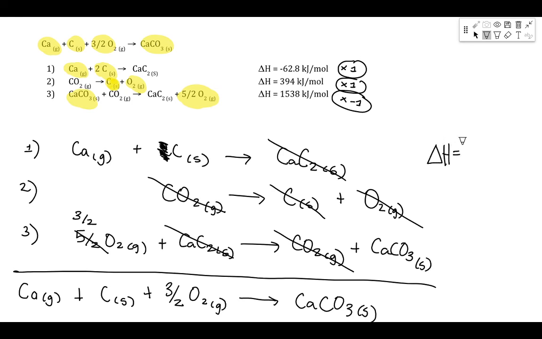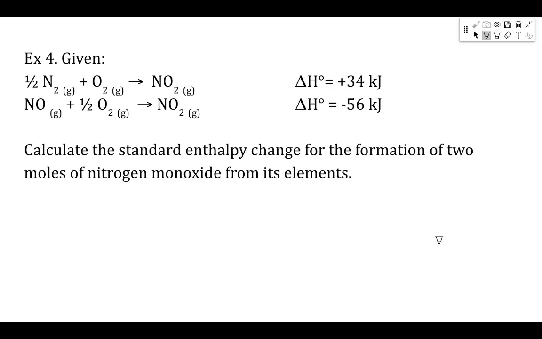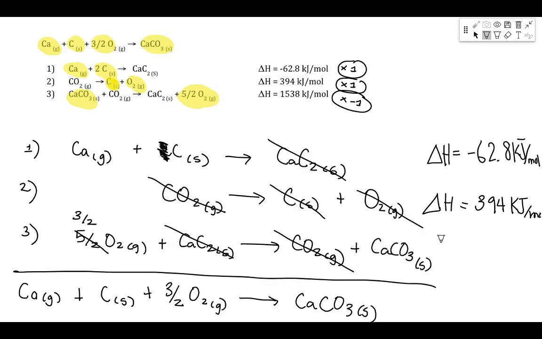So delta H for the first one, I didn't change. So I'm going to write that as is, negative 62.8 kilojoules per mole. The second one also I did not change, so delta H is equal to 394 kilojoules per mole. And the third one, I did change.